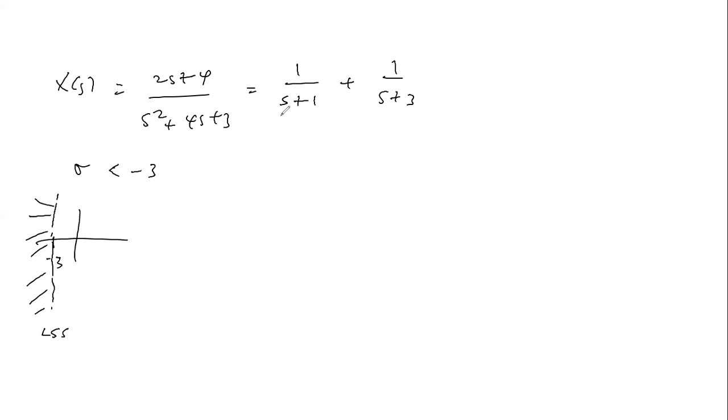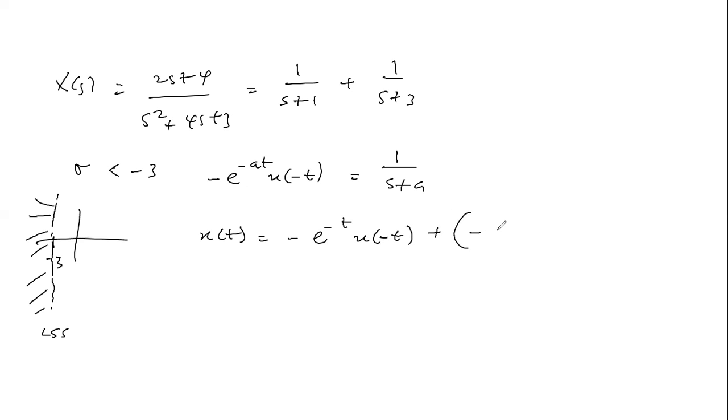And for a left-sided signal of this form, we know from the transform pairs that negative e to the minus at u of minus t is the same as 1 over s plus a for a left-sided signal. So with this, the inverse Laplace transform of this expression will now be negative e to the minus t, u of minus t, plus negative e to the minus 3t, u of minus t.